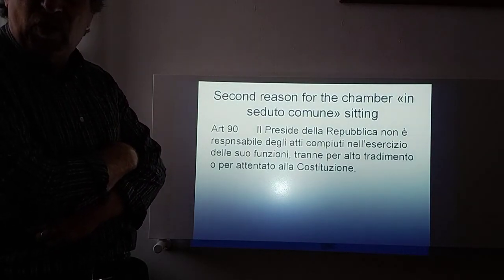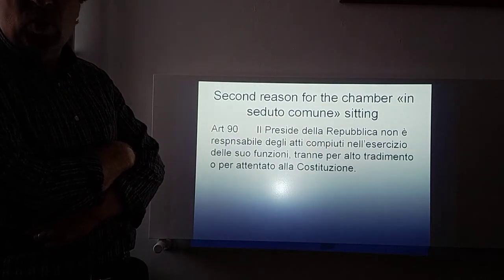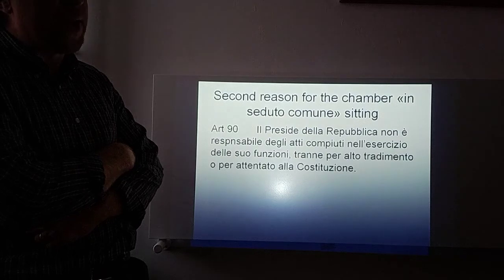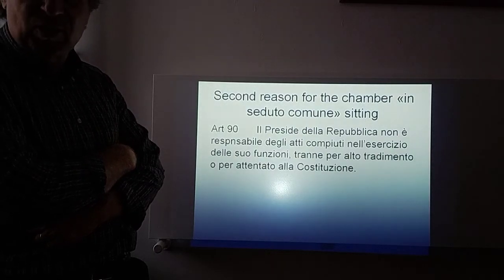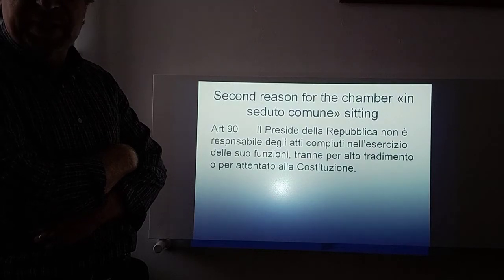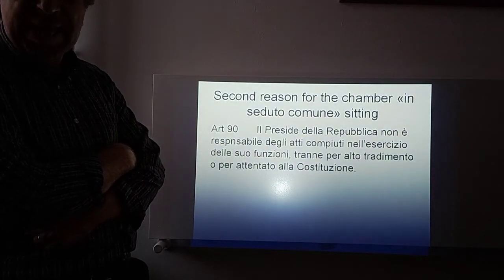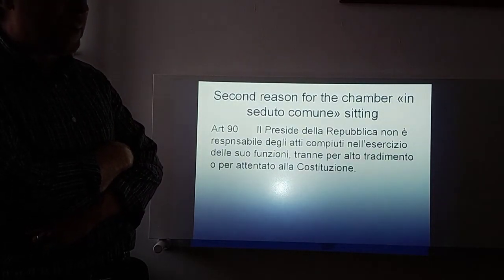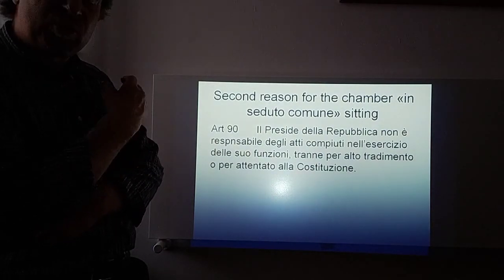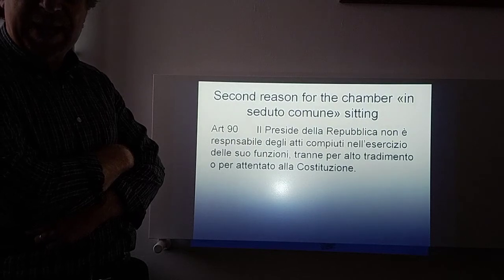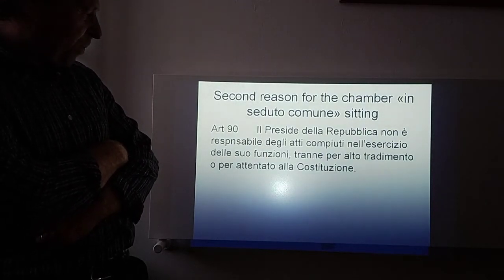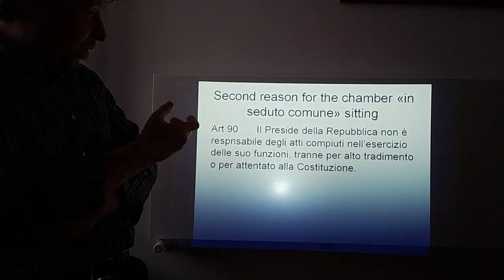So this, for betraying the country, would obviously be joining in some way against the interests or the institutions of Italy, maybe with an enemy state or another state, maybe spying or doing something which betrays the interests of Italy. Or the Constitution.